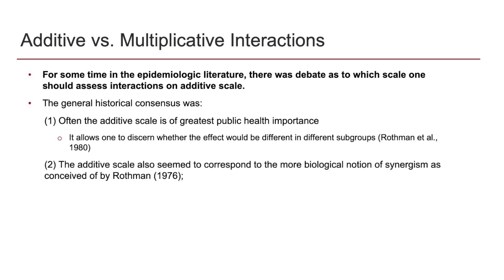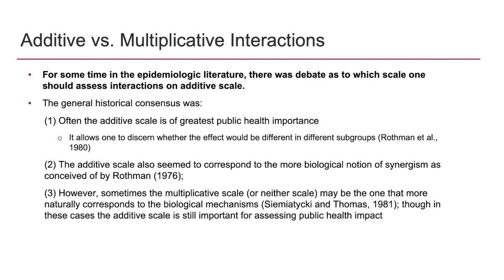the public health benefits. The additive scale also seemed to correspond more to the biological notion of synergism as described by Ken Rothman in 1976. So when we are thinking about biological interaction, the additive scale seems to correspond more to that notion.